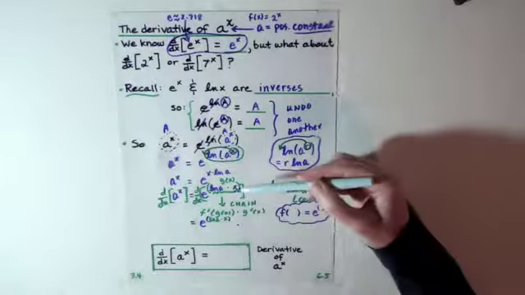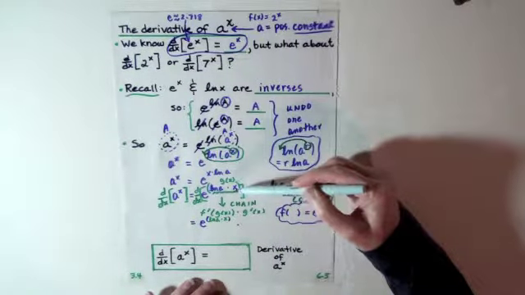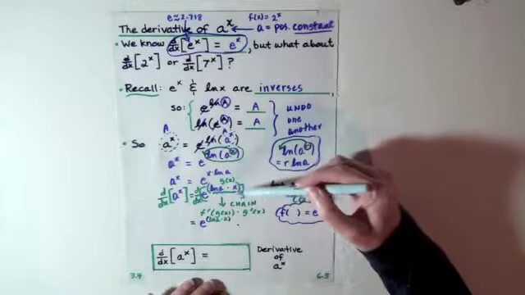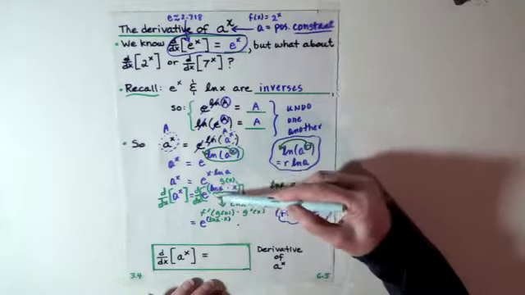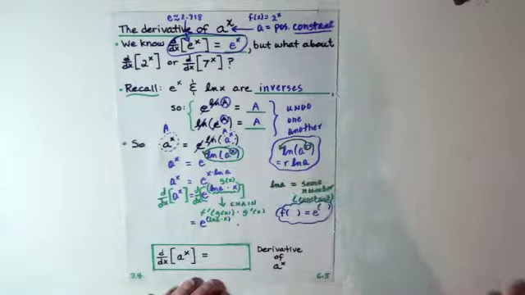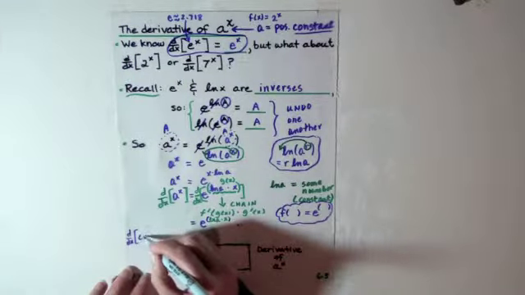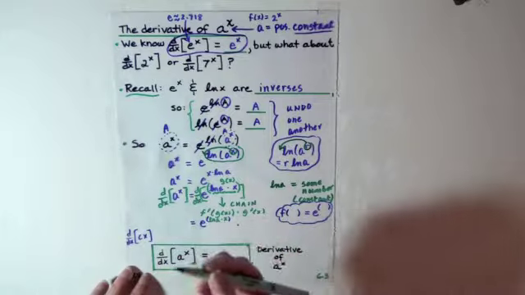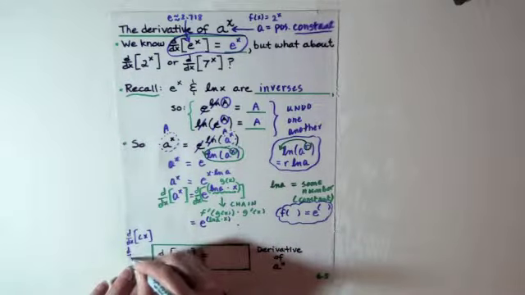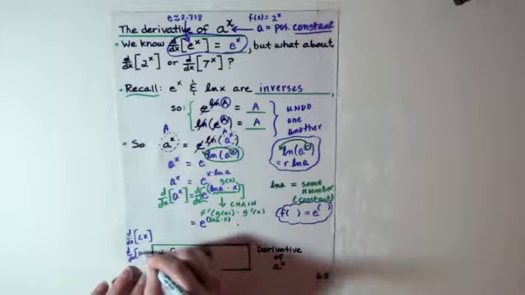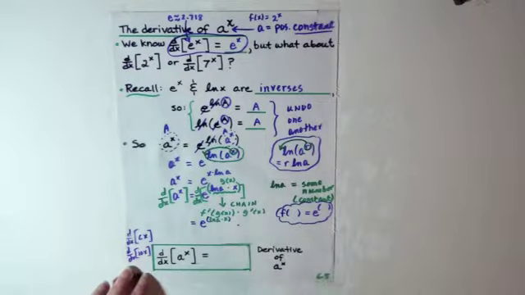Now when you look at this inner function, it may look complicated because we've got ln of a times x. But remember that ln of a is just a constant. It's similar to if I asked you to find the derivative of any constant times x. Or if you want to think of a specific constant, such as the derivative of 10x, what's the derivative of 10x?